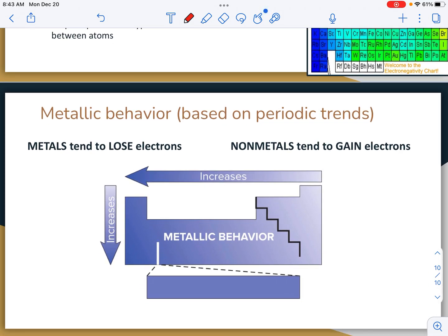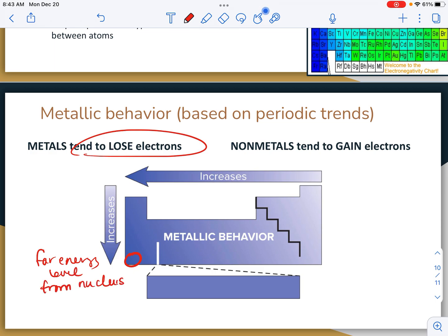One last thing I want to talk about here is a trend in metallic behavior. So I want you to picture that metallic behavior means losing electrons. And the more easily you lose electrons, the more metallic you would be. So you're going to lose your electrons more easily if your electrons are in a very far energy level from the nucleus. So francium on our periodic table would be the easiest to lose electrons.